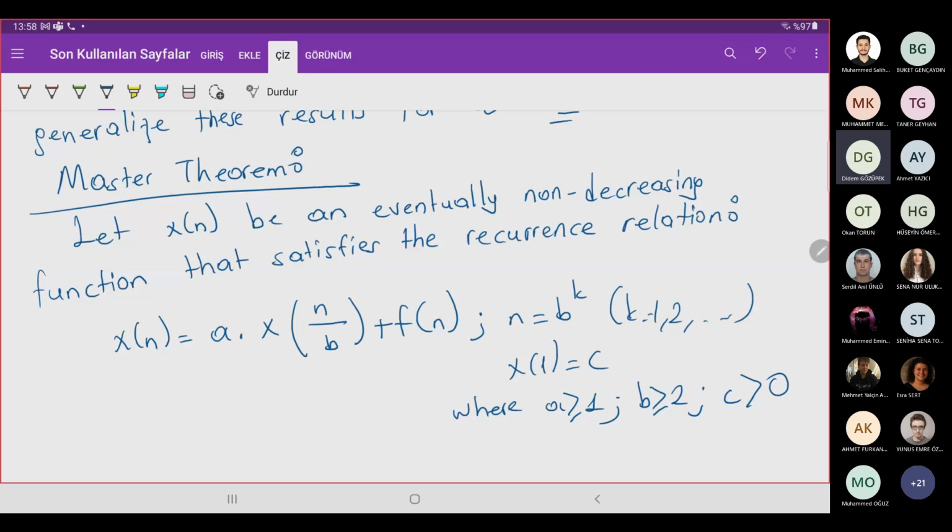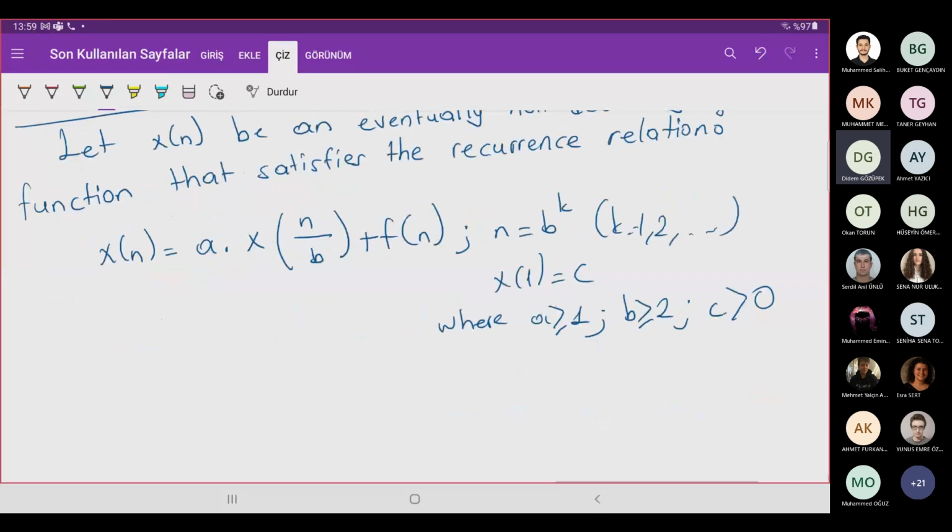If we are given this, then, so it all depends on what we have in the f(n) function, okay? That's the only difference. Otherwise, all of them are the same.